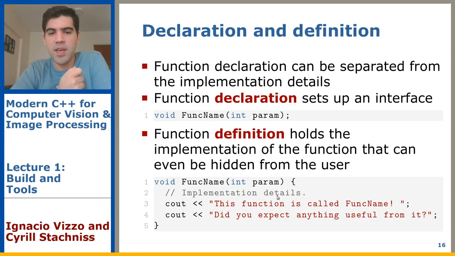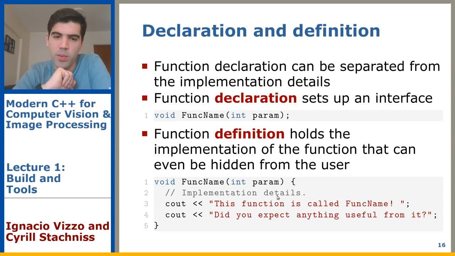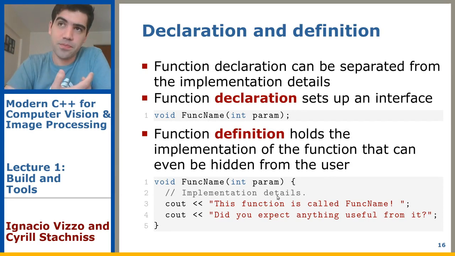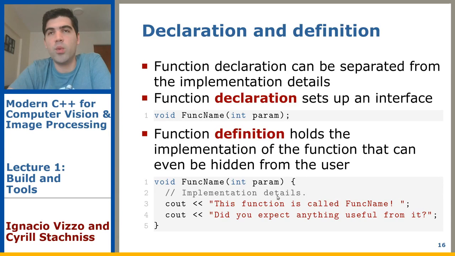A function declaration sets up an interface, and this is basically, let's call it, a promise, and the one in charge of searching for this declaration is the preprocessor. We will discuss this in 2 minutes. The function definition is the implementation of this function. When you want to create libraries, you declare your functions in some header file, most likely.